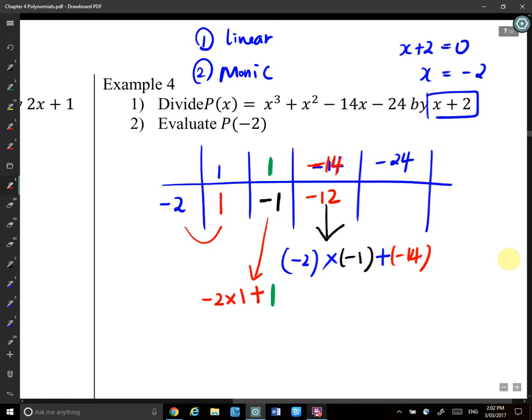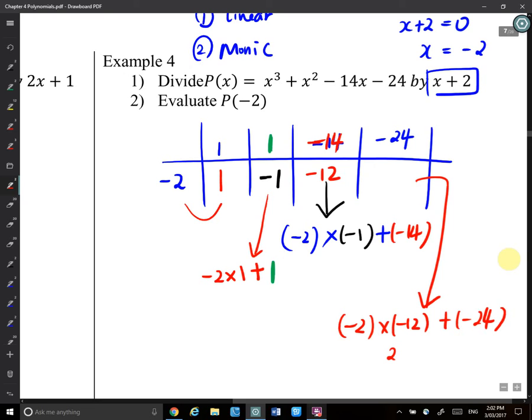And the last box will be negative 2 times negative 12, plus the negative 24. That is 24 minus 24, which gives you a 0. So I have a big 0 here.